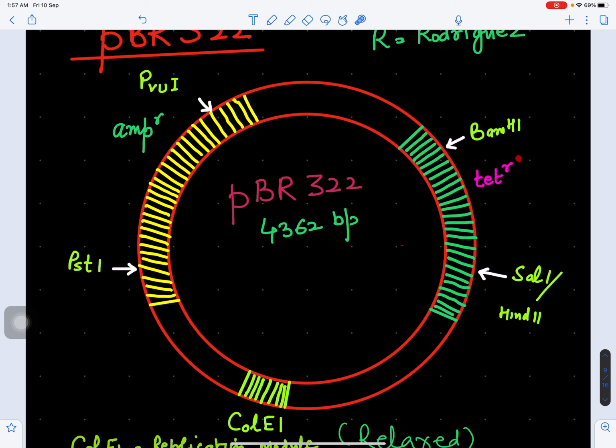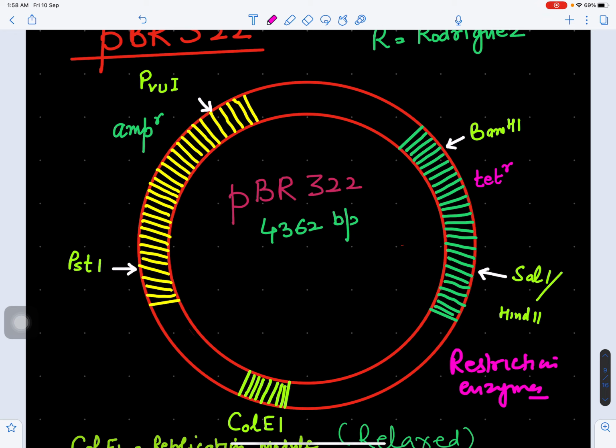Now we can see here another gene, which is called the tetracycline resistant gene. So bacteria with such a plasmid will grow in the presence of ampicillin as well as tetracycline. Now these are PvuI, PstI, BamHI, SalI, HindIII. These are the restriction enzymes. Restriction enzymes are enzymes which can cut DNA at highly specific places.